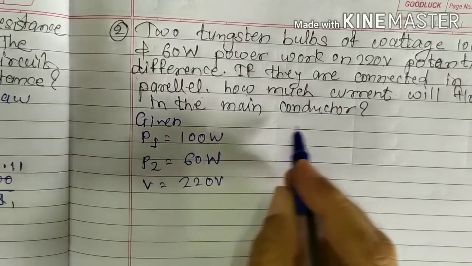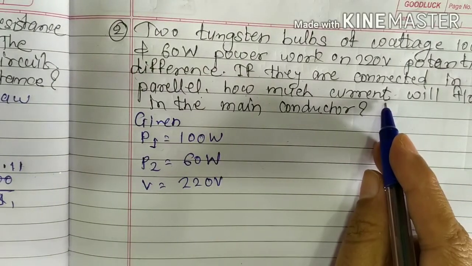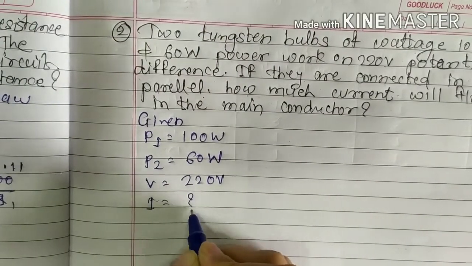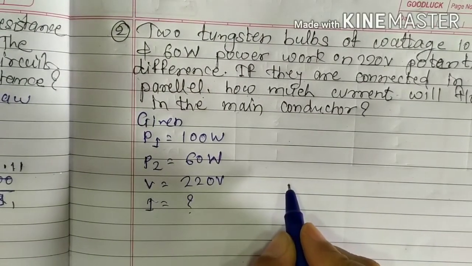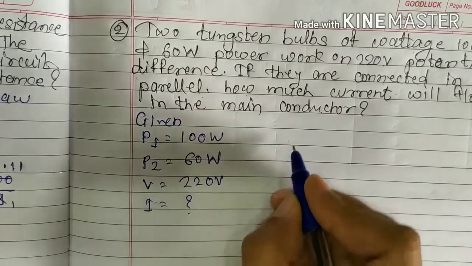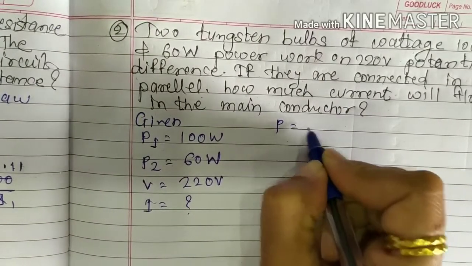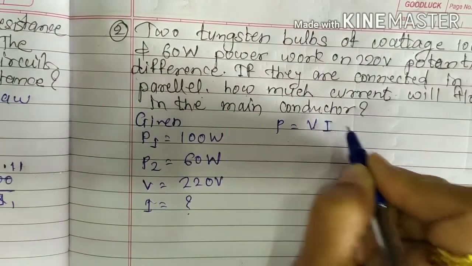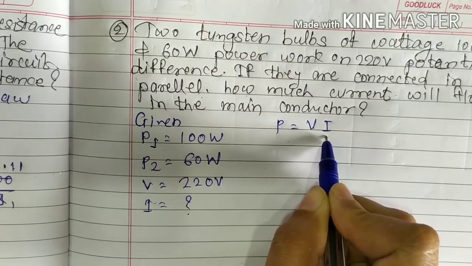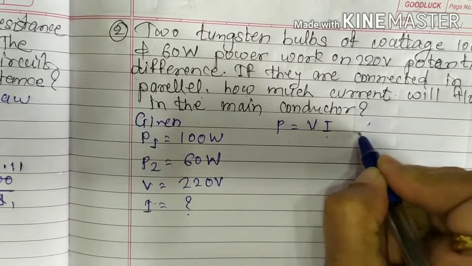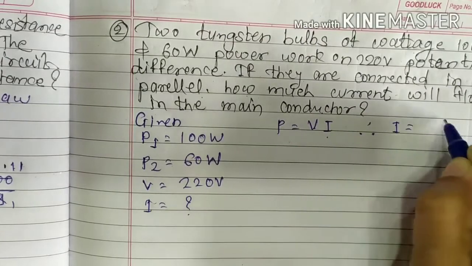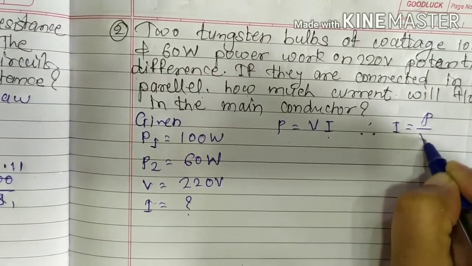And we find out how much current, that is I. Hence, we are using again the formula P is equal to V into I. So, we find out the value of this I. Hence, the formula gets changed like this: I is equal to P upon V.